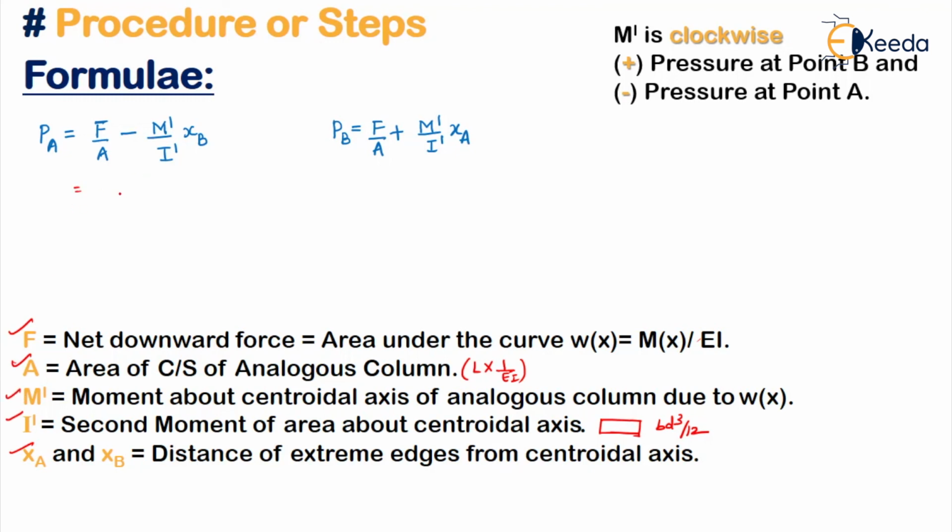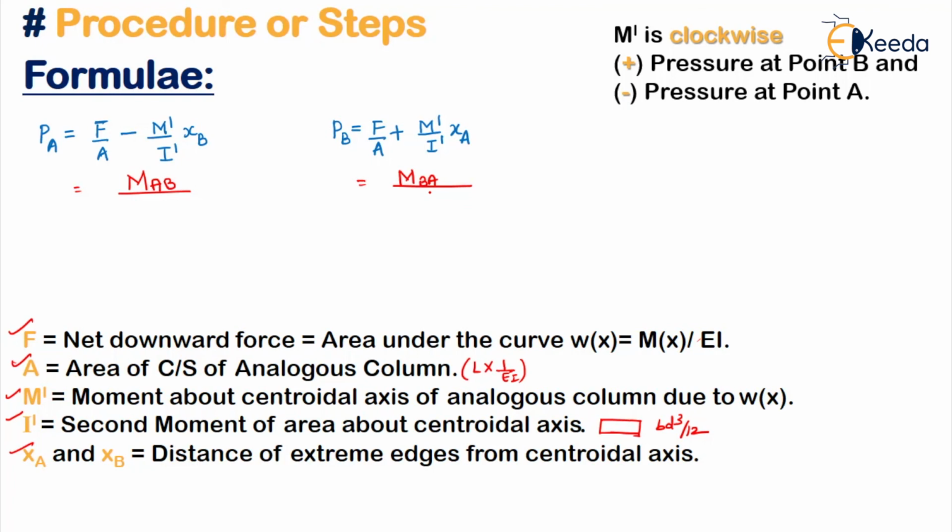Right. Now once we calculate the PA value and your PB value, this will give you the end moment at A, we'll call it MAB, and this will give you the value of MBA. Right? So this is how you will calculate the end moment using your column analogy method. So it's very simple, just 3 steps. First, convert it into a statically determinate beam and draw the bending moment diagram.